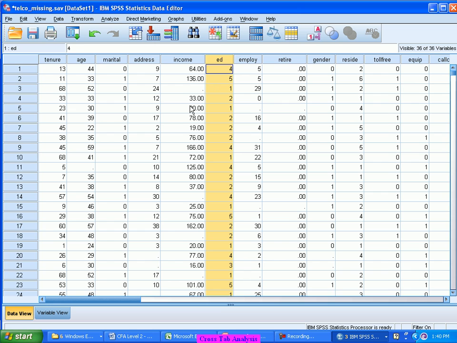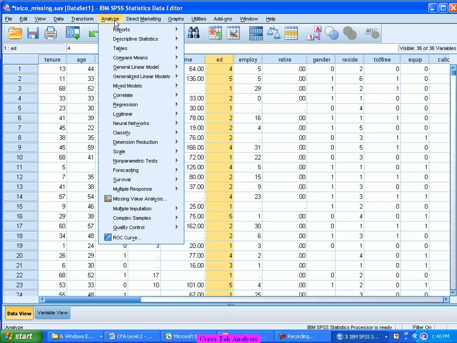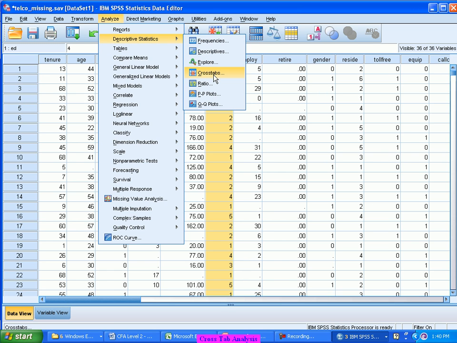So I'll take two variables, marital status and gender, right? For that, I go into Analyze, Descriptive Statistics, Crosstabs. This is one more analysis, the cross tab analysis. If I have two or more nominal or ordinal data to work on, I'll go with the cross tab analysis.